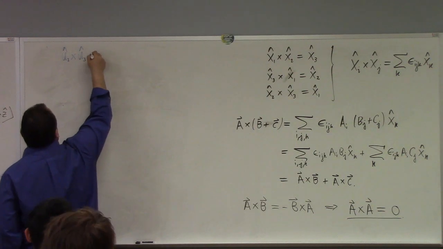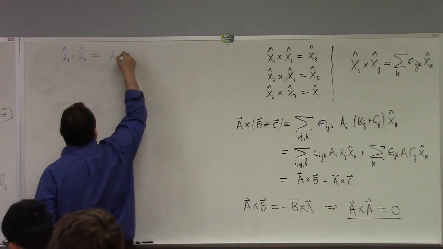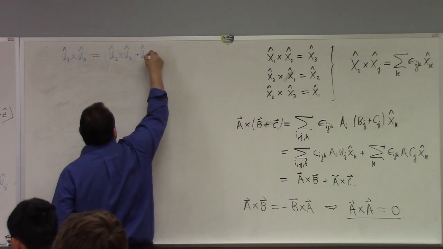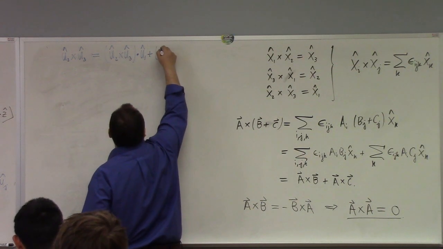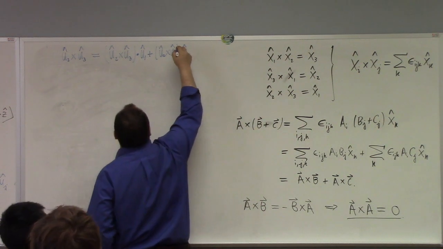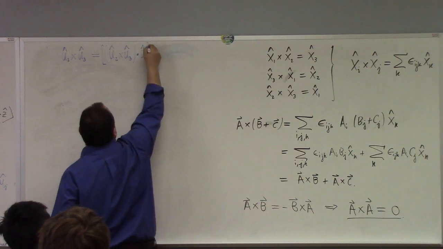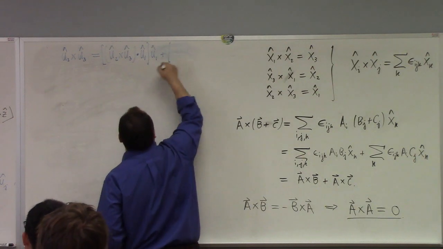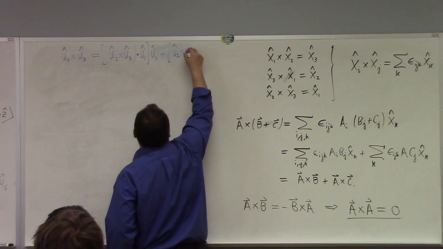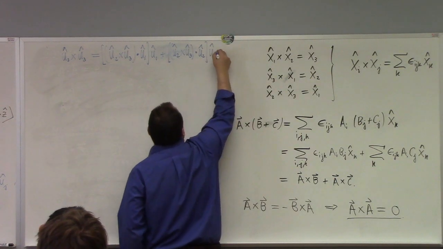By my general basis theorem there, it has to be u2 cross u3 dot u1 plus u2 cross u3 dot u2. What am I missing? Times what? So that's the component, but I have to put it in the u1 hat direction. There's the u2 component in the u2 hat direction.